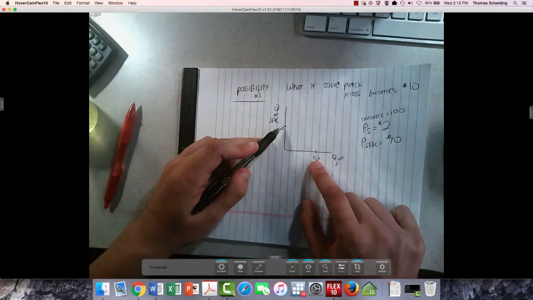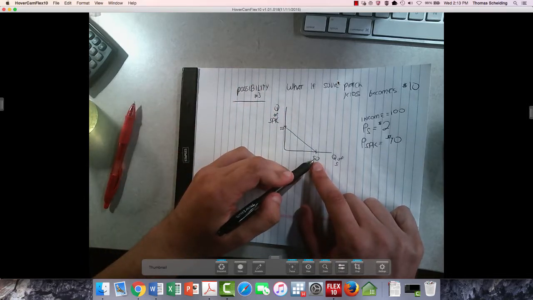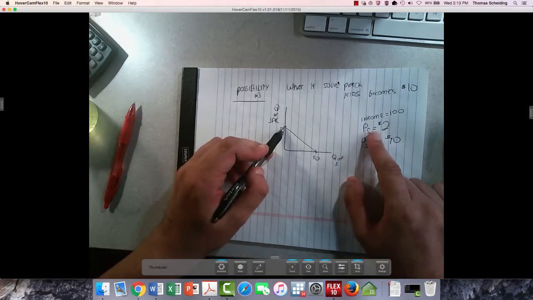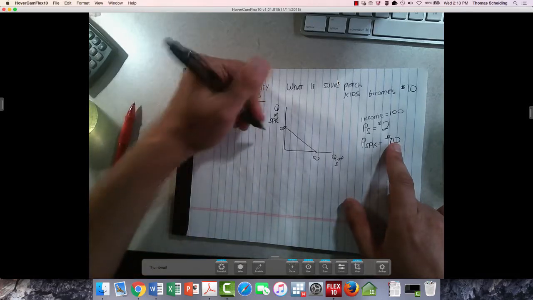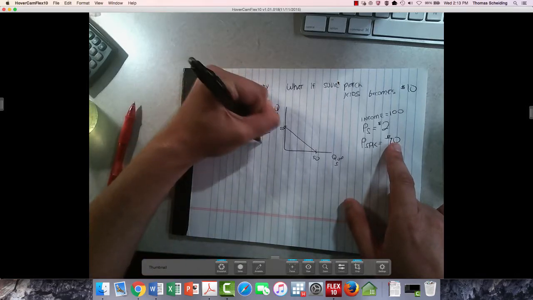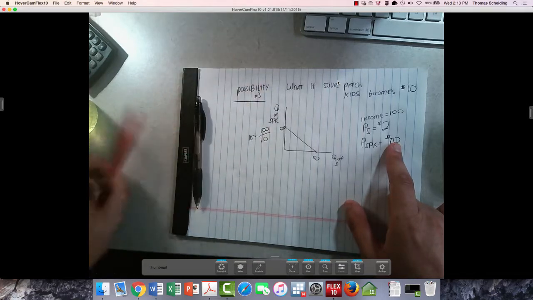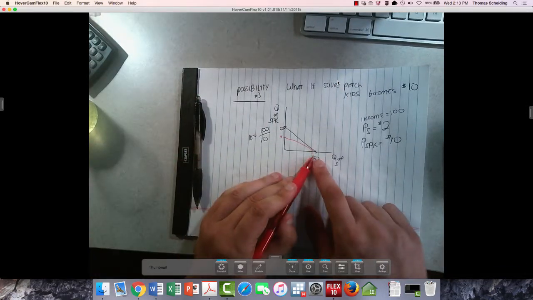Originally it was at 50 and 20 because the old price of Skittles was $2, which it still is. The old price of Sour Patch Kids was $5, but now it's $10. So that would mean 100 divided by 10 is equal to 10. See the commonality of what happens here?